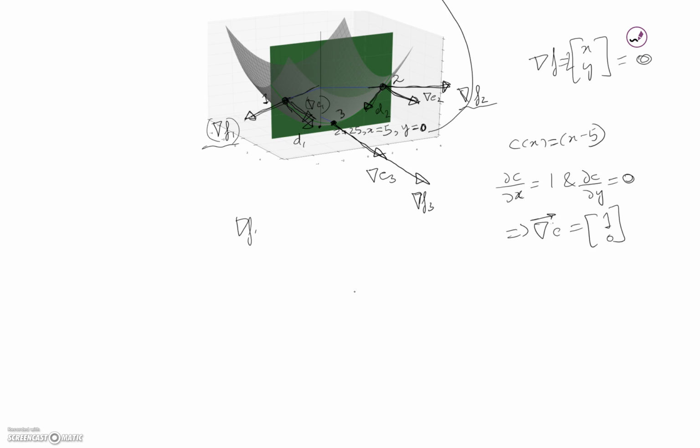We have del f1 dot d1 is actually less than 0 because I hope you can see the angle between them is more than 90 degrees. Del f2 dot d2 is also less than 0. However, del c1 dot d1 equals 0, and del c2 dot d2 also equals 0.